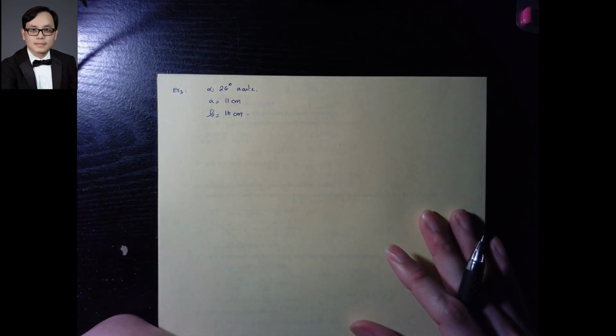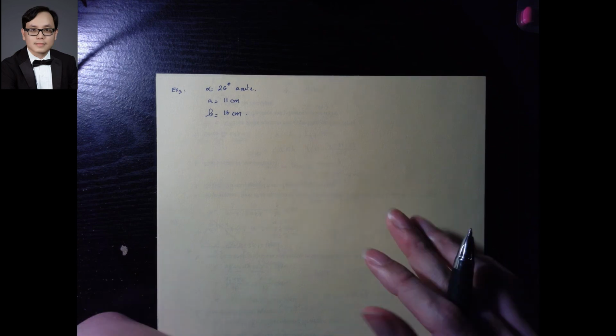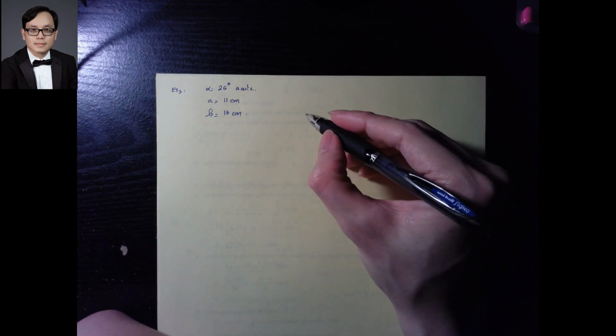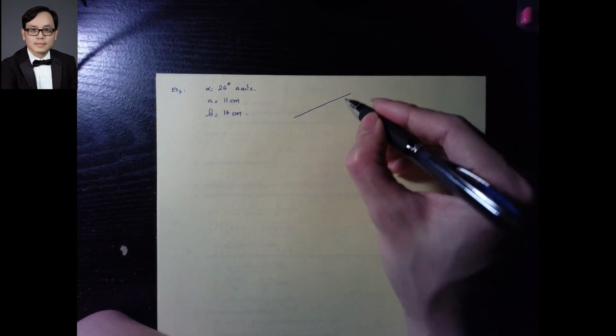So when you draw the triangle, you have to draw carefully over here. Because if you don't draw carefully, you have to scale. You don't have to scale it perfectly, but you have to scale as well as you can. So the 26 degrees is kind of like this.